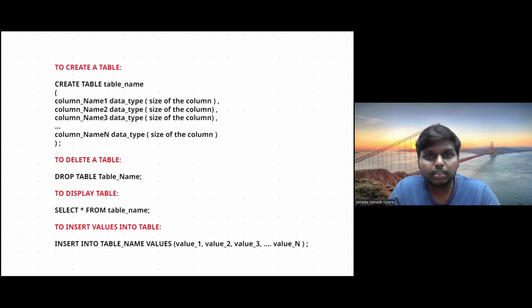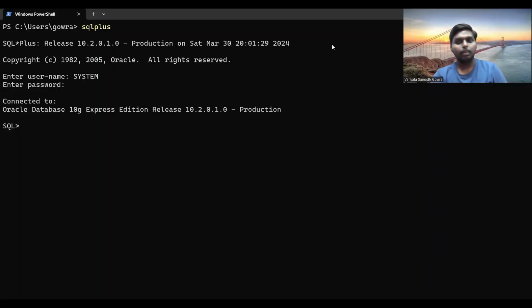And now let's look at the examples for these. Now let's see the examples for the previously given syntaxes for creating a table, inserting the values, displaying the table, and deleting a table. Now let's write the queries for it. Firstly, we create a table with three columns: student ID, student name, and student branch.